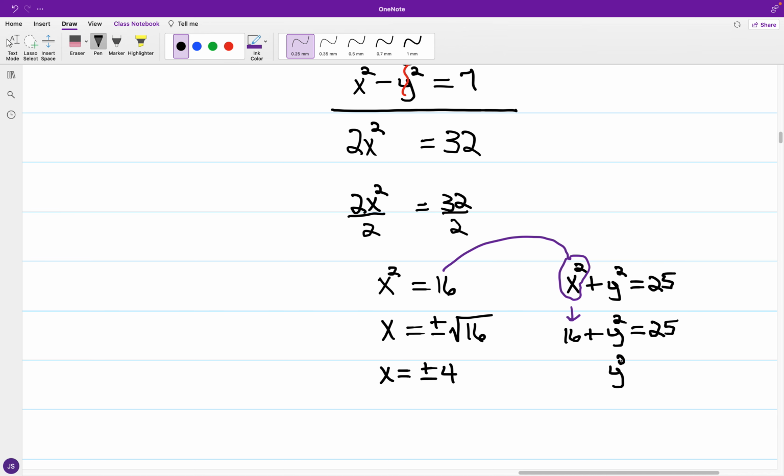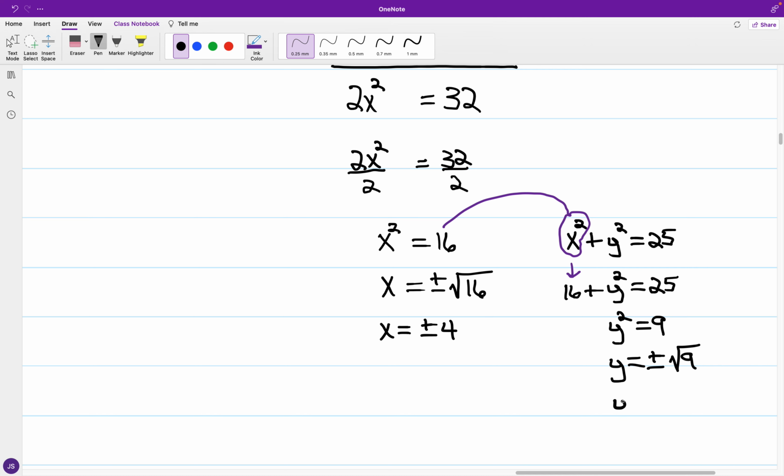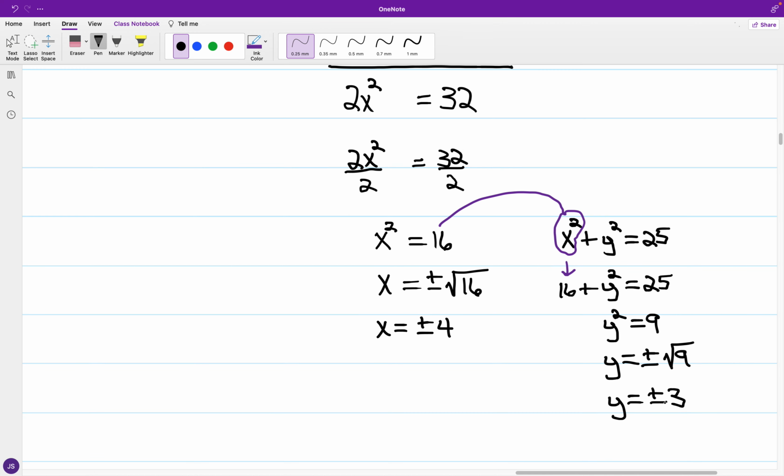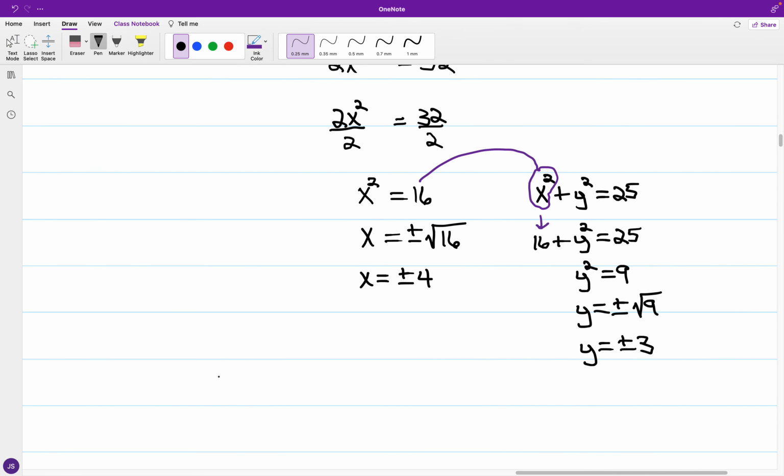Taking 16 away from both sides, y squared is equal to 9. And with the reapplication of the square root property of equality, y is going to be plus or minus the square root of 9, and we have y is equal to plus or minus 3.